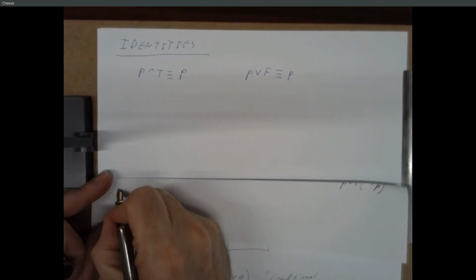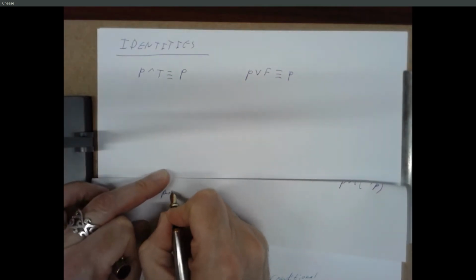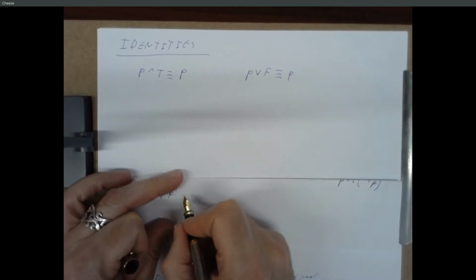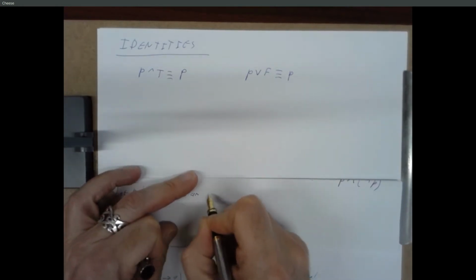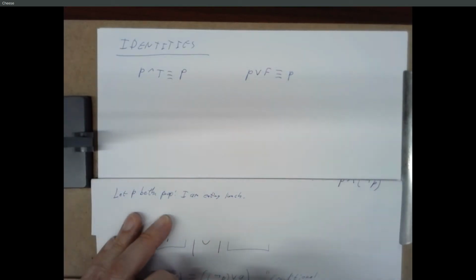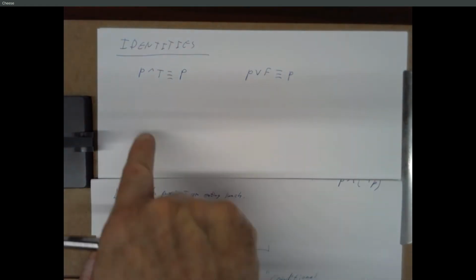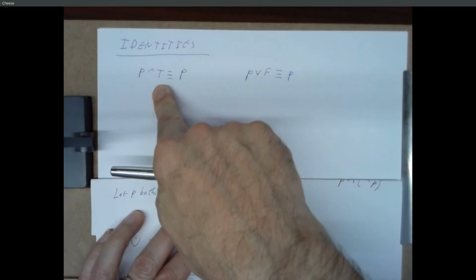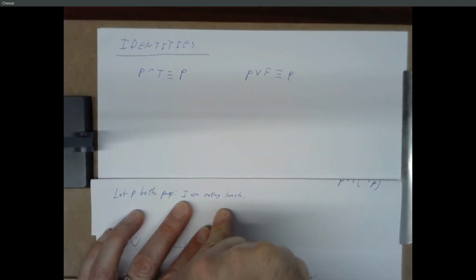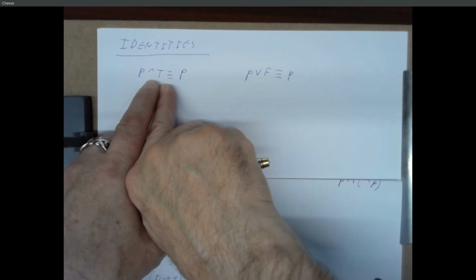So for example, let P be the proposition I am eating lunch, which I am. This is saying I am eating lunch and 1 plus 1 equals 2. That has the same truth value as simply I am eating lunch. If I'm eating lunch, then the statement is true.